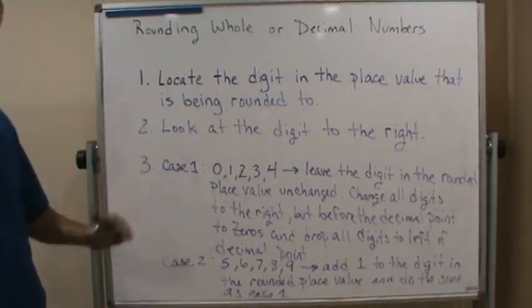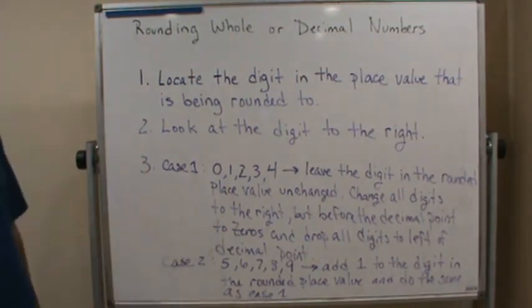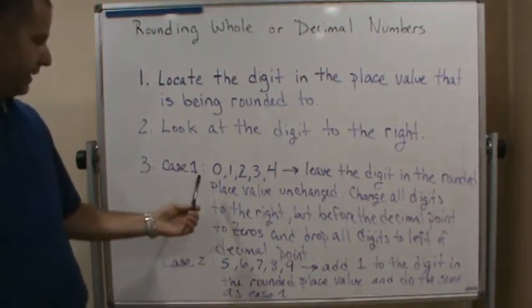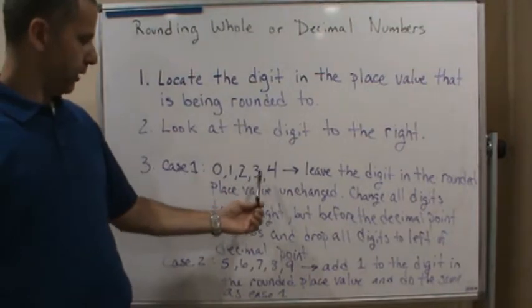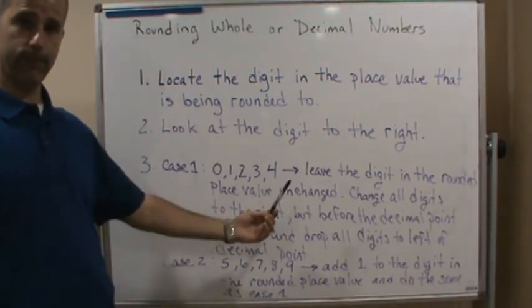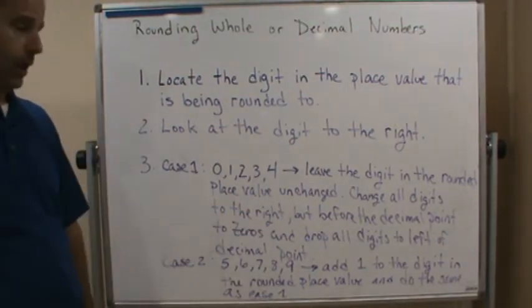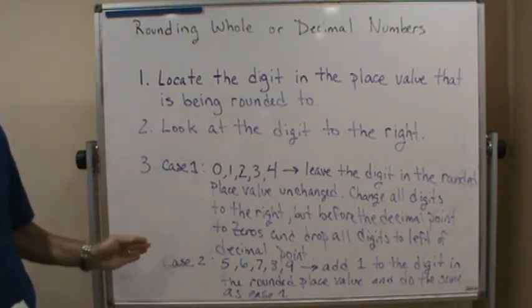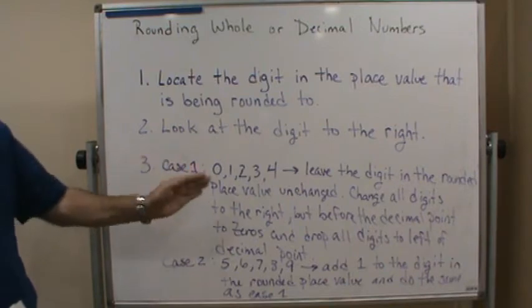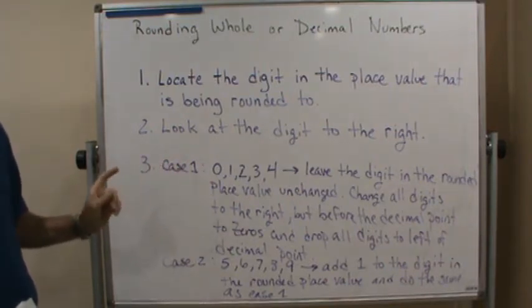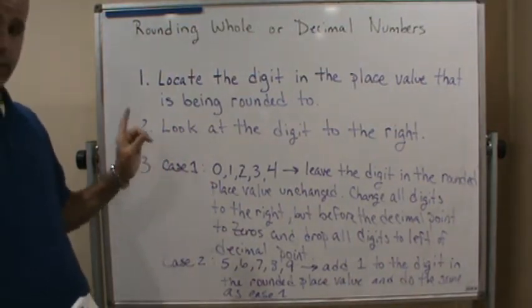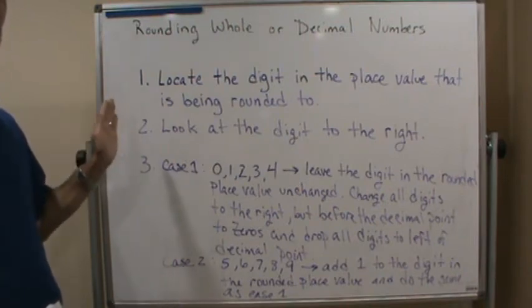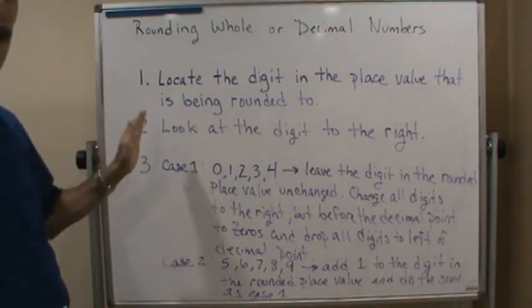Now, there are two cases. Case one: the digit to the right is a 0, 1, 2, 3, or 4, or 4 or less. That means we're not going to touch the place value that's being rounded; we're going to leave it alone.